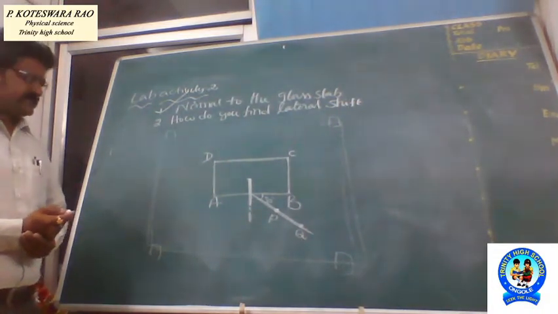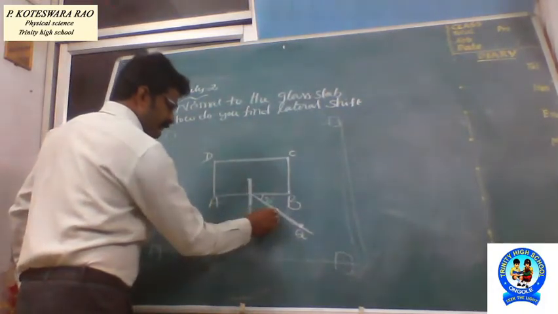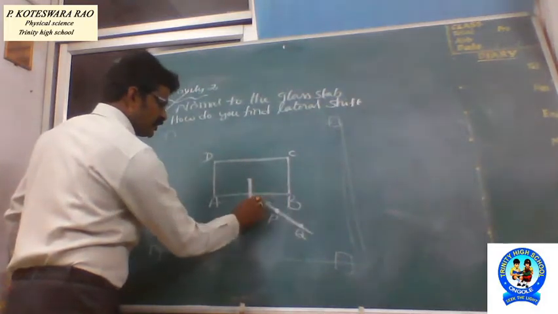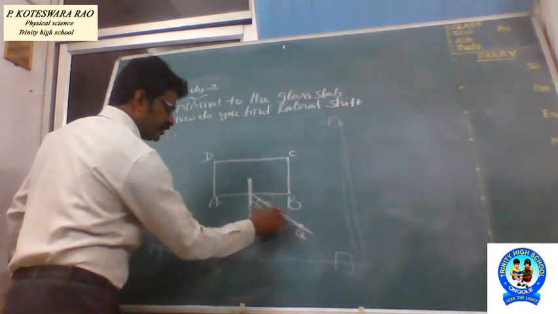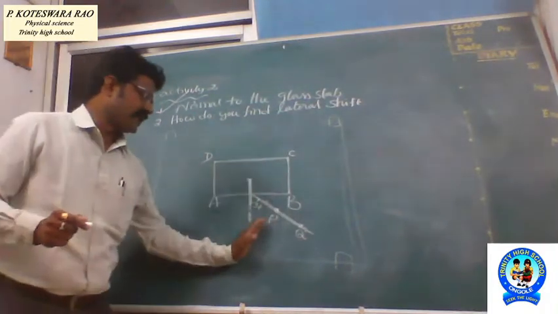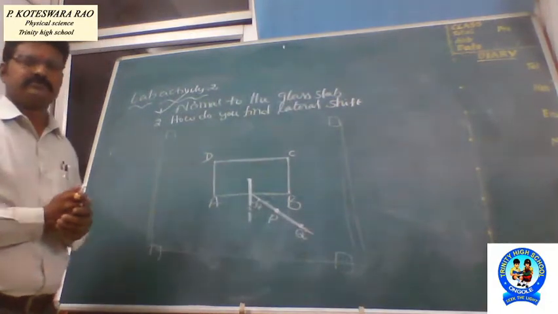Then, listen carefully. At P and Q, how many pins did we insert? Two pins. These two pins are taken at P and Q. Then place the glass slab here.